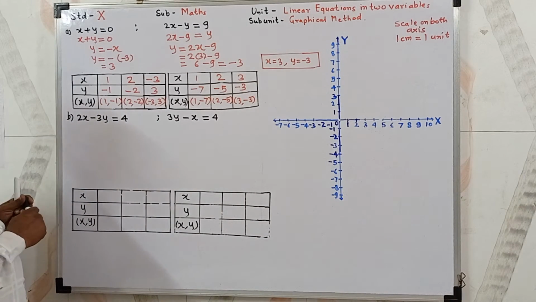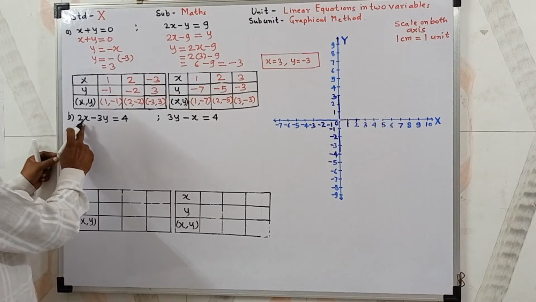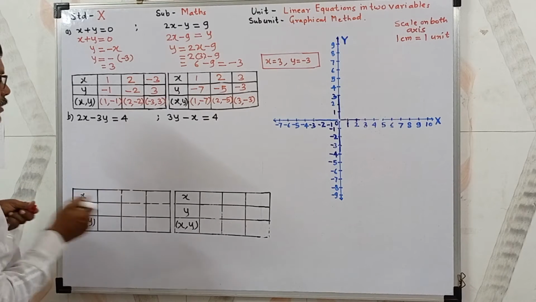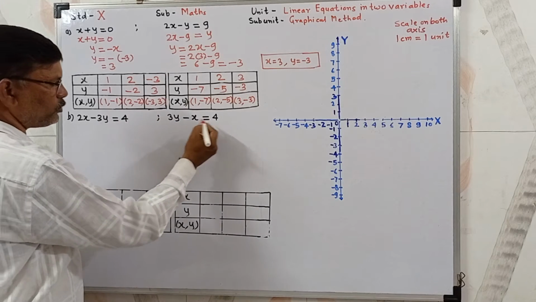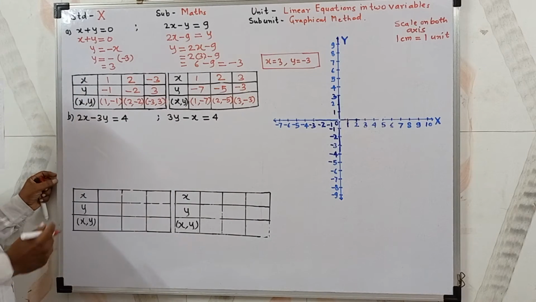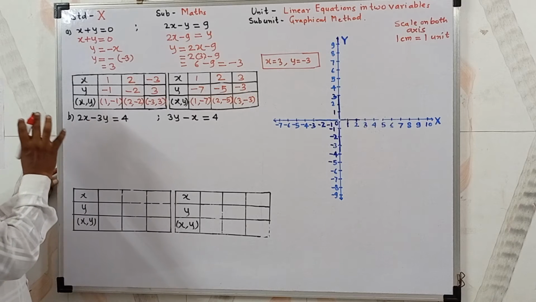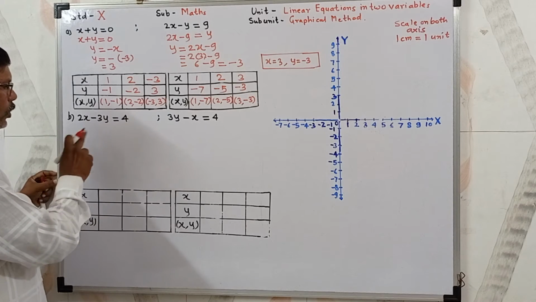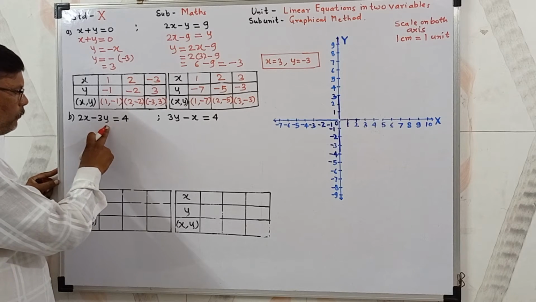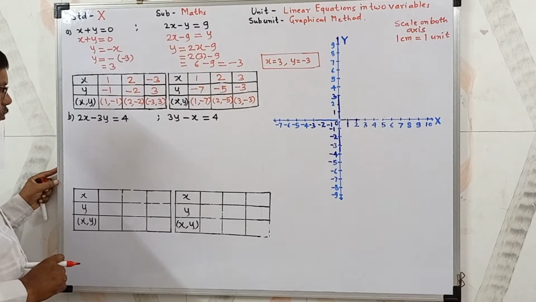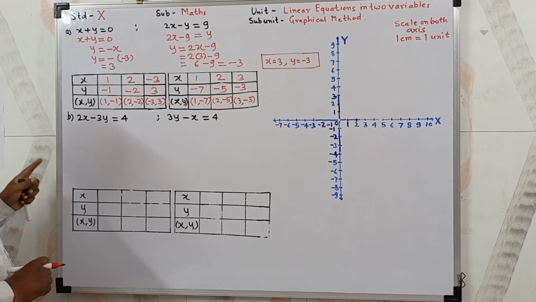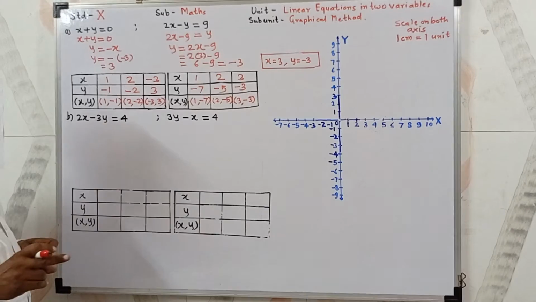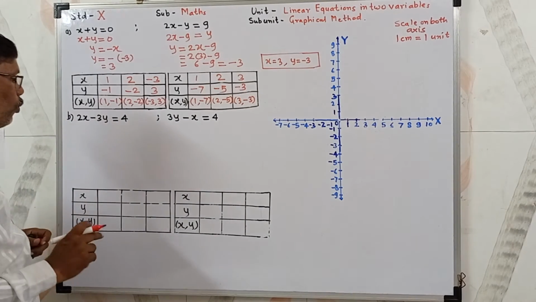The next example is 2x minus 3y is equal to 4 and 3y minus x is equal to 4. So we have to find out the value of y. In this equation we have to find out the value of y.